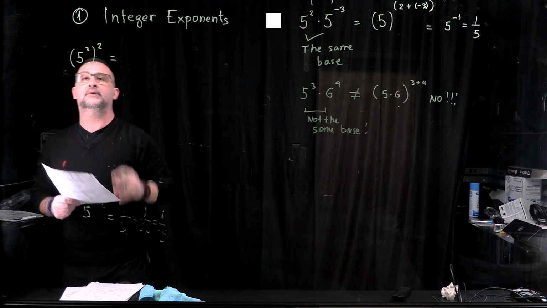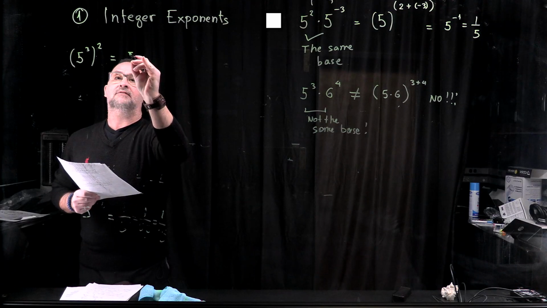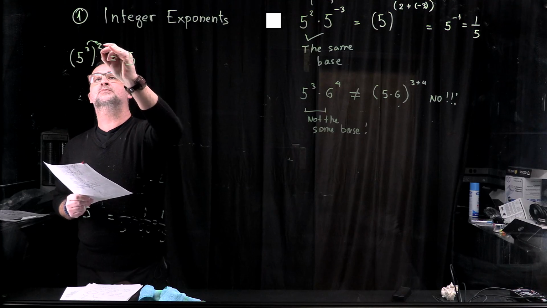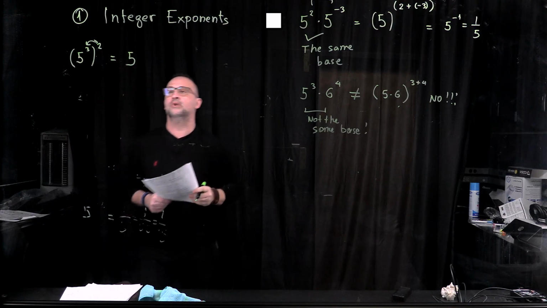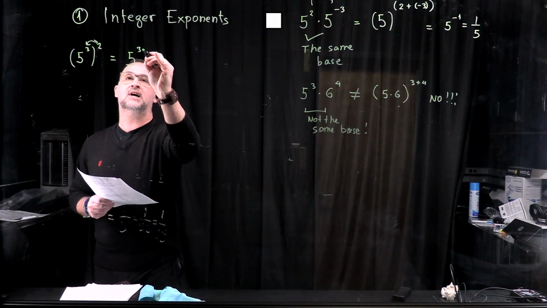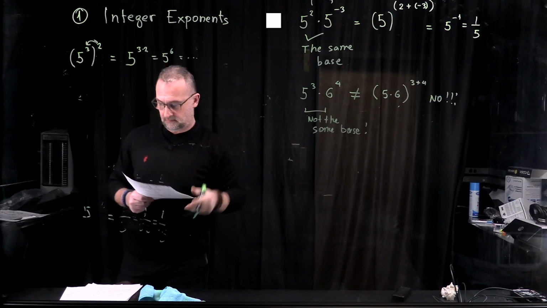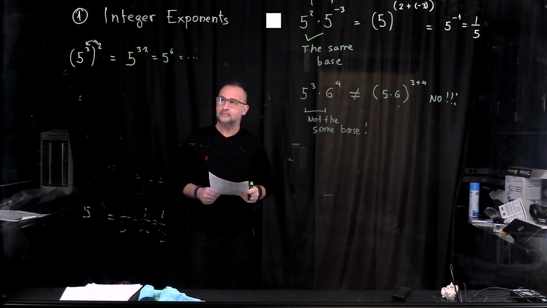So what do you do then? In this particular case, you're going to have 5, and the two exponents will be multiplied together. So that is 5 raised to the power of 3 times 2, that is 5 to the power of 6, and you can get this from a calculator.